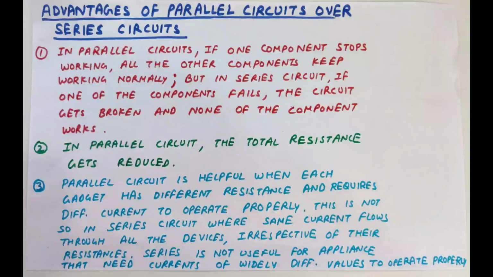For example, if we make a series circuit with an electric bulb and an electric heater, then it would not work properly, as an electric bulb requires very little current, while an electric heater requires a lot more current. So in such a case, a parallel circuit should be used.